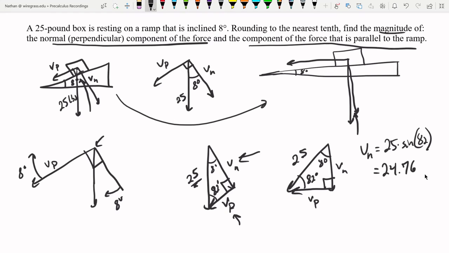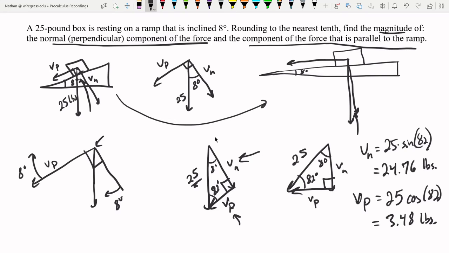This is in pounds. Now the parallel component is going to be the cosine of 82. And that gives us about 3.48 pounds.